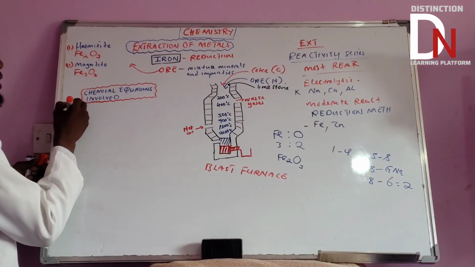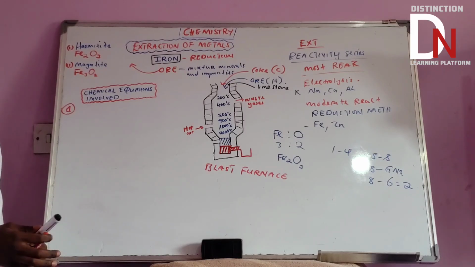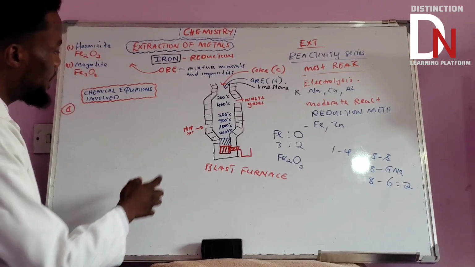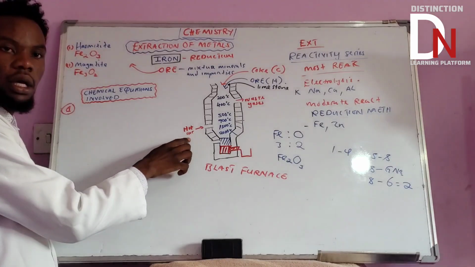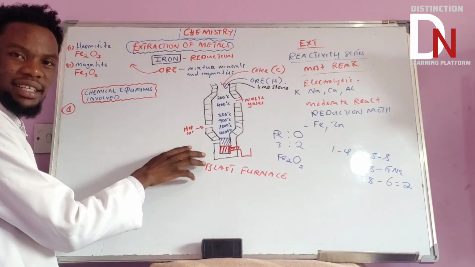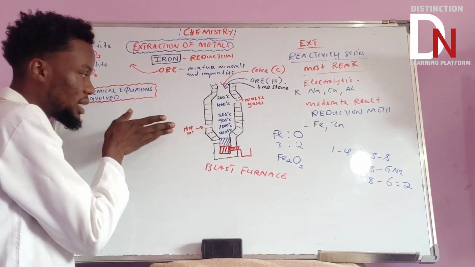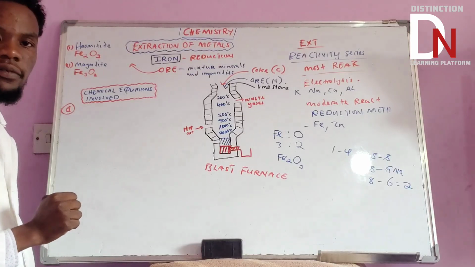So what is the first chemical equation that's going to be there in the blast furnace? Now let's try to think about something important, okay? You've seen this hot air, okay? Sometimes they call them hot air gases, or hot gases like that, okay? Whatever the name that you are going to find, but basically this is hot air that is being fed in the blast furnace.